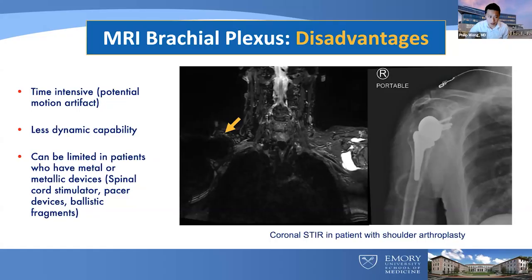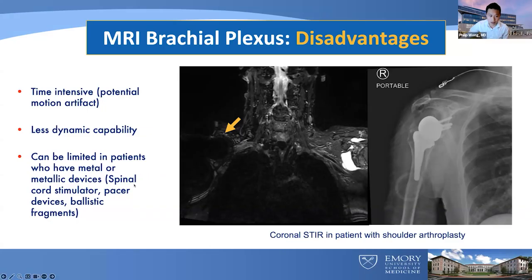Some of the disadvantages, of course, are that it's time intensive, so that could lead to motion artifact, and there's less dynamic capability in terms of being able to see changes with arms up or arms down. It can be limited in patients who have metal or metallic devices like a spinal cord stimulator, pacers, ballistic fragments, which we see more and more commonly.